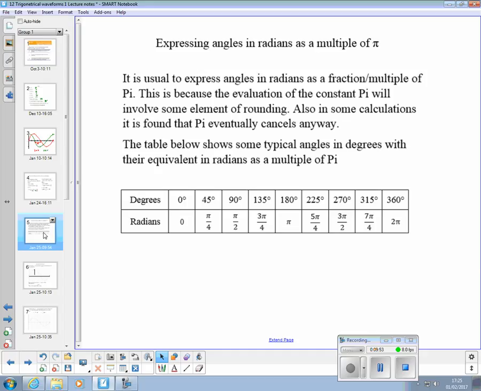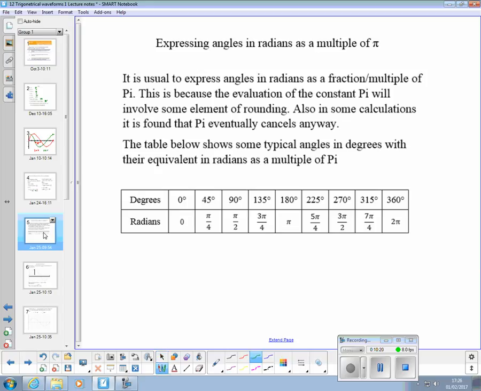Okay, expressing angles in radians as a multiple of pi. As I've already said, it's quite common and useful to keep angles in radians in terms of pi. So I've made a little table there with angles at every 45 degrees and what they are in radians in terms of pi.